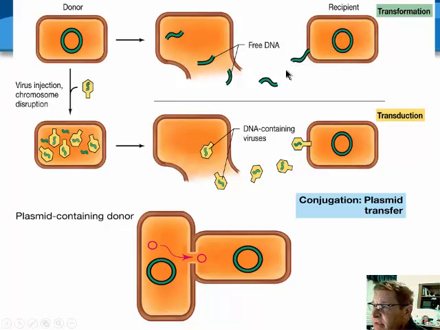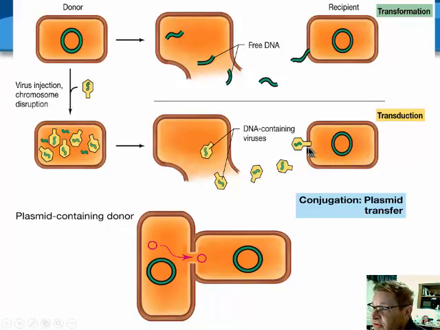So the first one of these methods is transformation. And transformation is to take up a free DNA from a donor cell, and then that free DNA can go into the cell. So in transformation, DNA is the only thing that's moved.